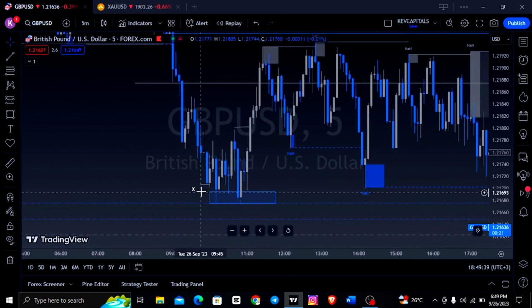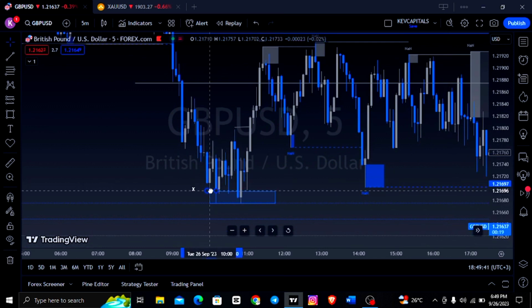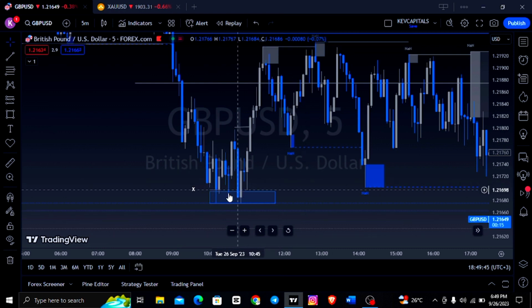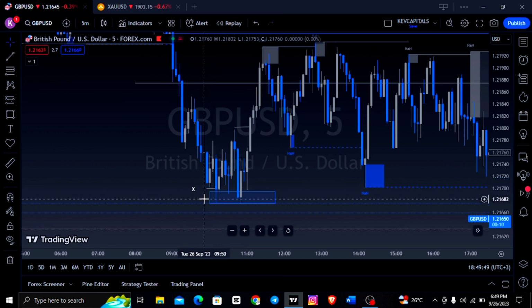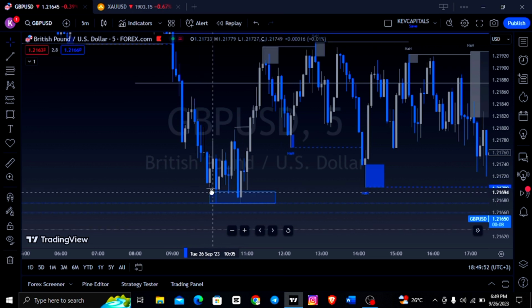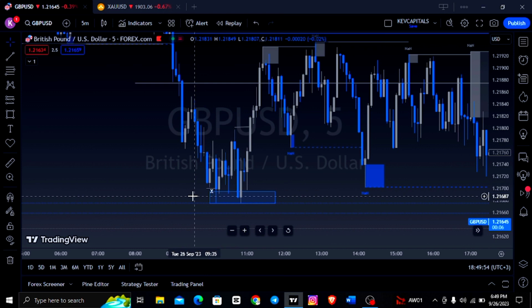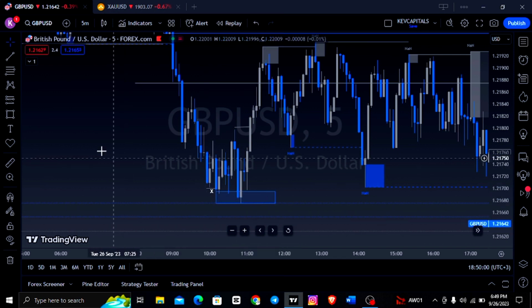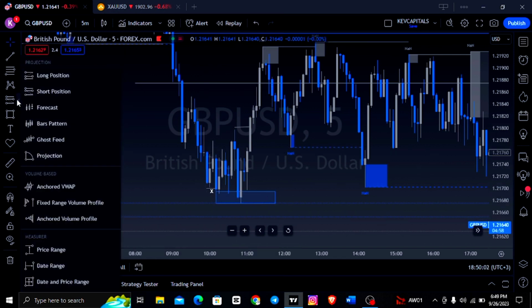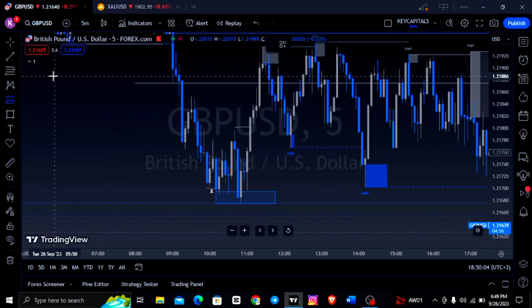So at this point here, price just took out the previous candle low, so liquidity is taken out at this point, and therefore we have to go long here.